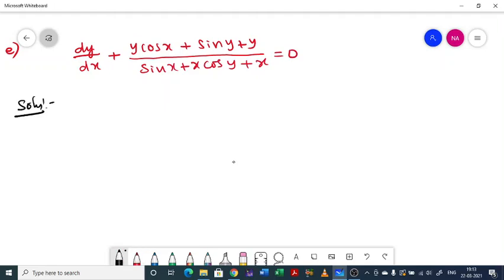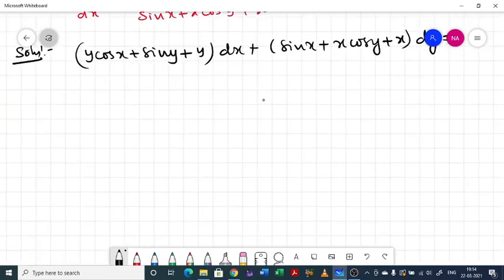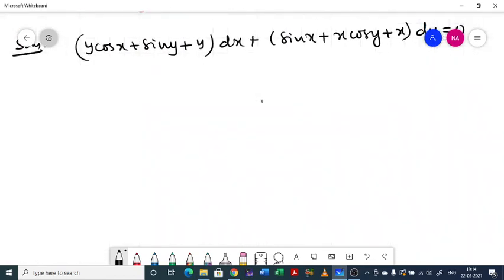So here I will write the coefficient of dx first: (y cos x plus sin y plus y) dx plus (sin x plus x cos y plus x) dy equal to 0. So we can identify M and N easily. This will be M and this will be N.